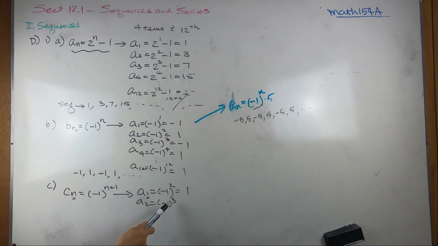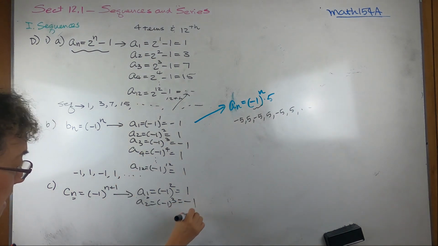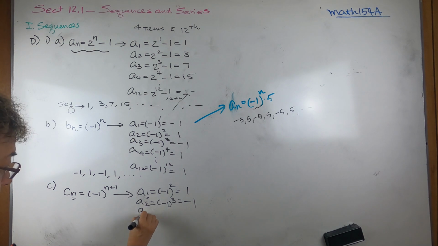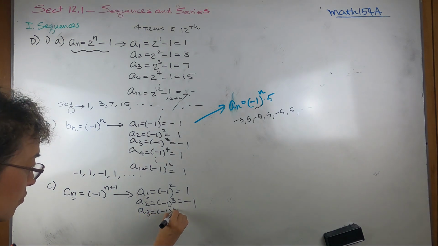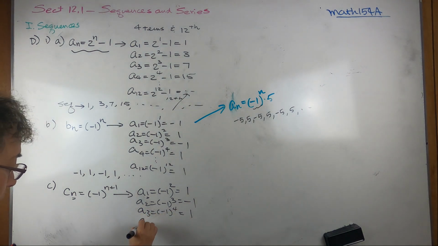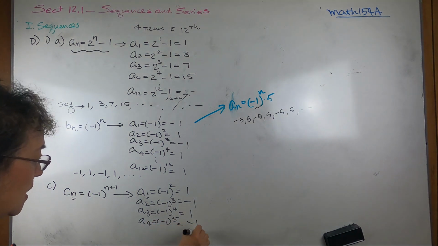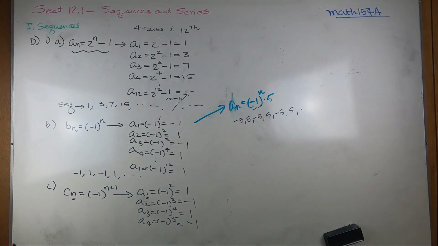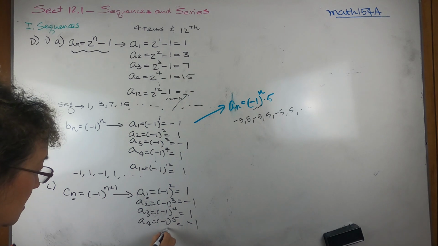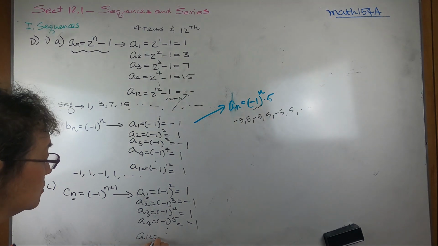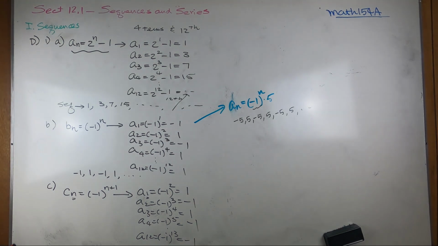Instead of second power, you have one more power. It's -1 now. So A3 would be -1 to the fourth power. That would be 1. A4 would be -1 to the fifth power, would be what? -1, right? Then, what do you think? A12 would become 13. That would be -1.